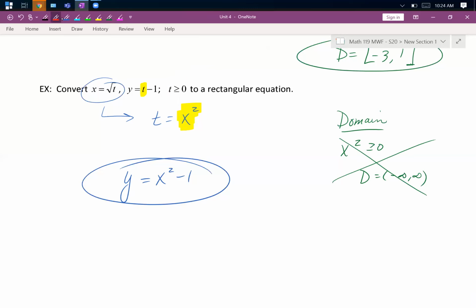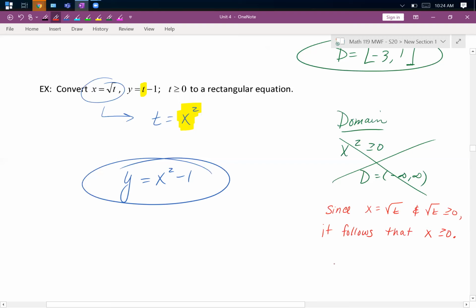So that means that the square root of t has to be greater than or equal to 0, which means that x has to be greater than or equal to 0. Therefore, the domain here would be 0 to infinity.